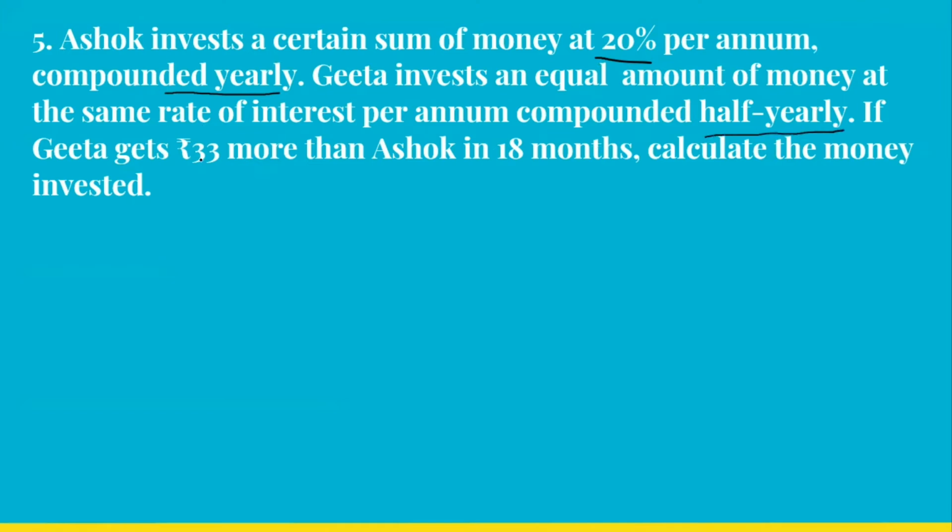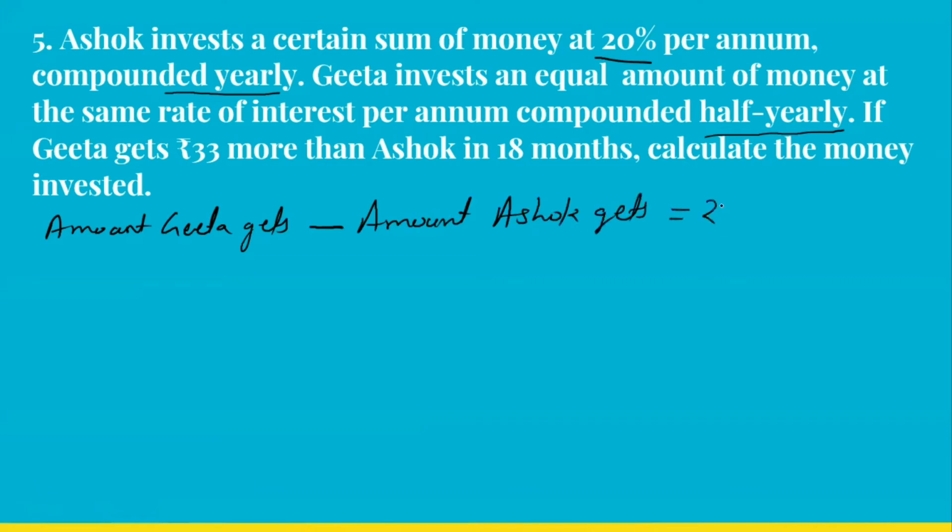And if Geeta gets rupees 33 more, so Geeta's share is more. So we can write here: amount Geeta gets minus amount Ashok gets is rupees 33. Okay, this is the difference that we know.